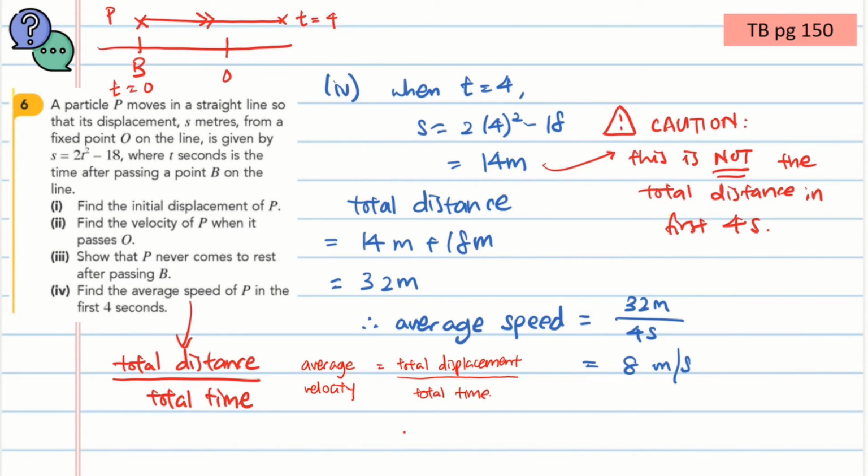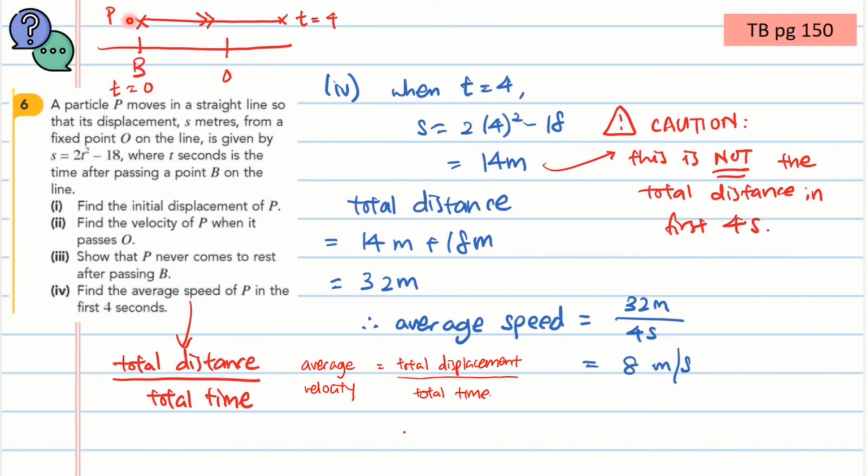Let's get back to what we have gathered so far. There's a reference point O that helps us measure our displacement, and a starting point B, where t is equal to 0.